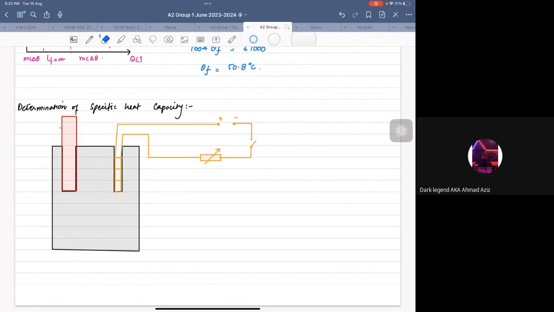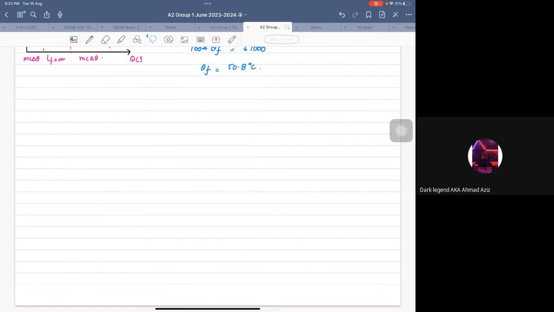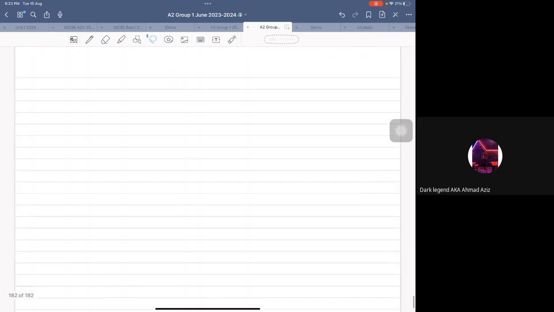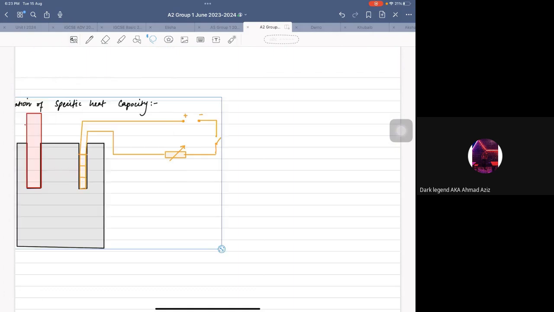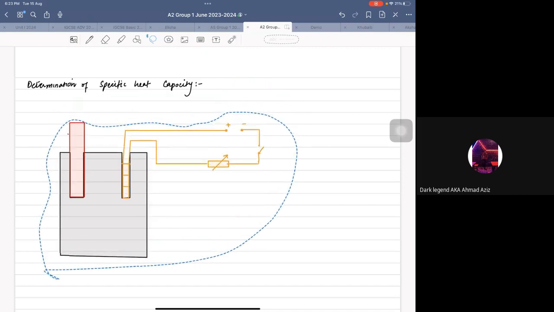I'm going to label that. Let me take it to a new page, because I don't think this space is enough for this. Wait a second. Right here. Okay.